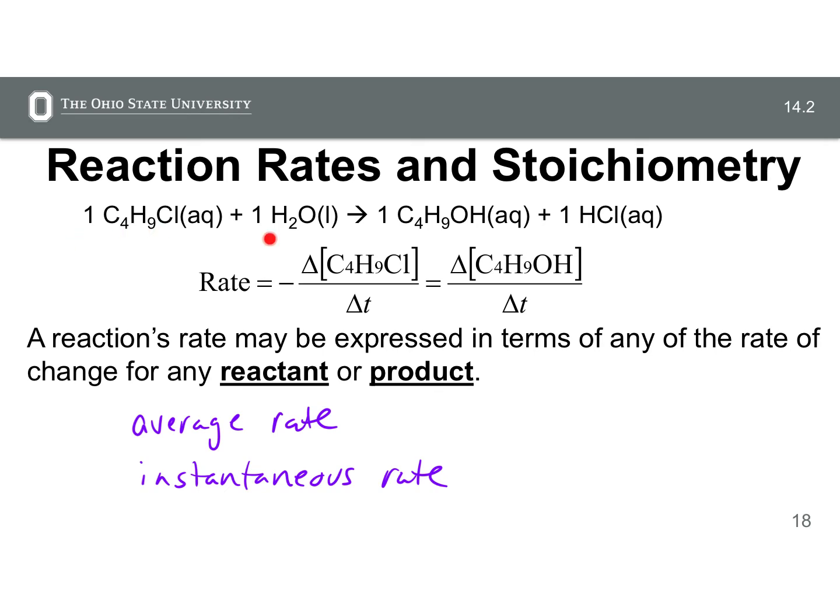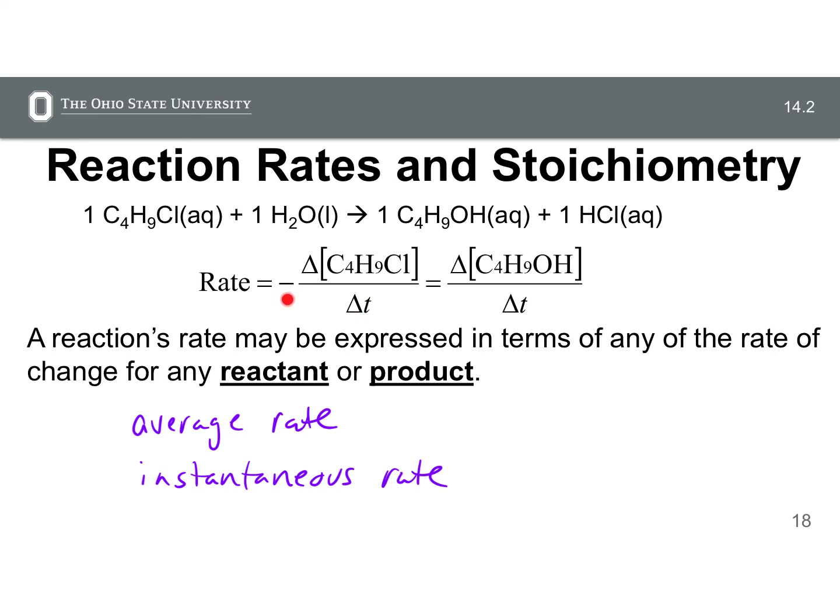One chlorobutane plus one water forms butanol and hydrochloric acid. If we want to think about how the rate is changing over time for the concentration of chlorobutane, what we're really doing is looking at the change in concentration over the change in time.